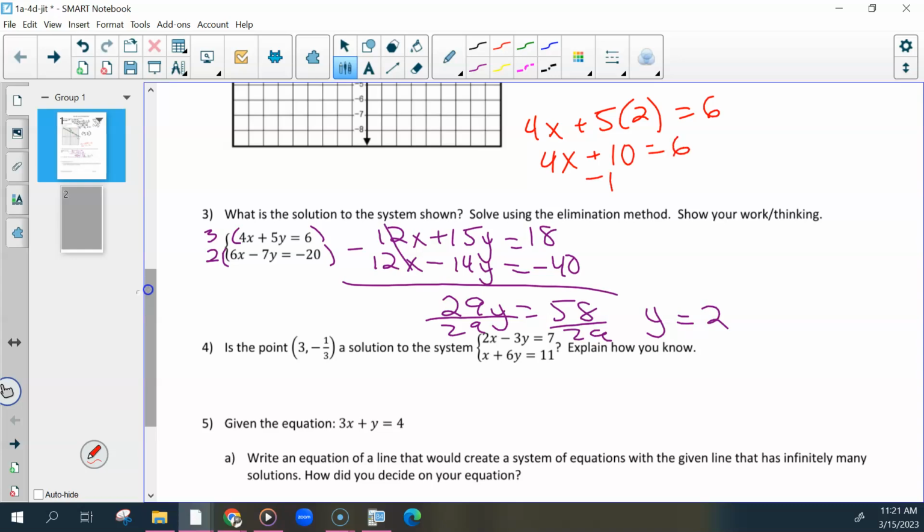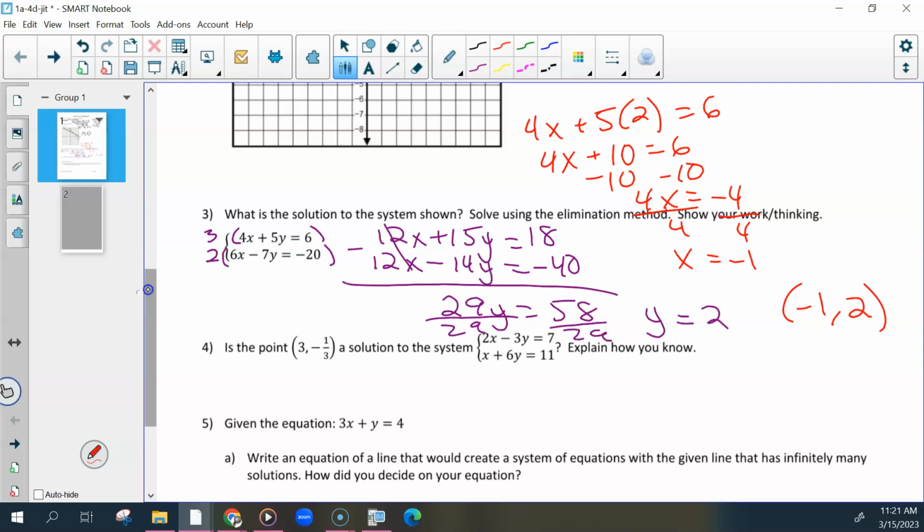And then solve for x. No matter how you solved it by elimination, whatever you multiplied by, as long as you got negative 1, 2, you're good. You all got that answer. Good.